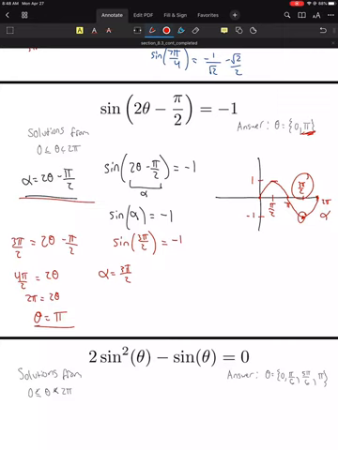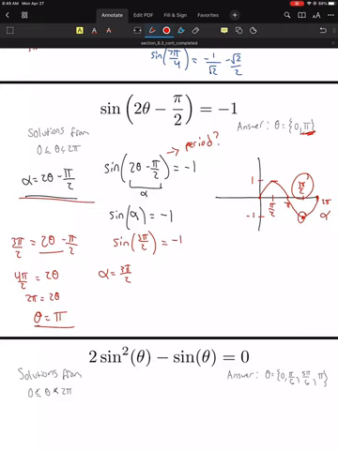Well, since I now have 2 theta inside, I have to go back and think about what's the period of this function. I know it's a lot to think about, but you need to, okay? What's the period of sine of 2 theta minus pi over 2?